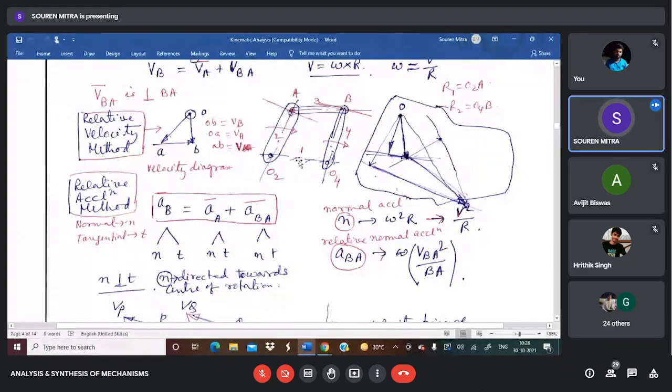This is a fixed member, and this member is fixed here, so it is only rotating about this. But this member is connected to this and this, so it doesn't have any fixed center of rotation, but it's also rotating. And its center of rotation is changing with respect to time.